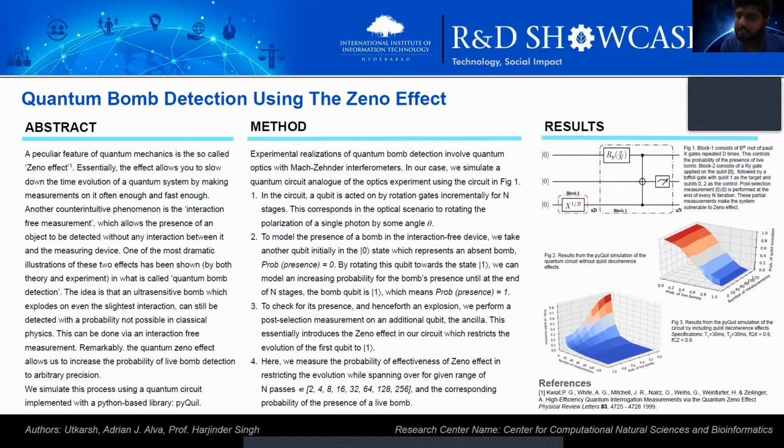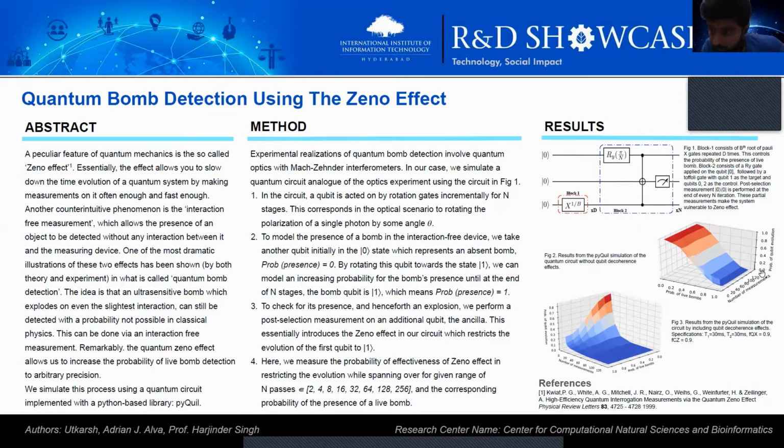This is somewhat counterintuitive, but we have tried to show you some results. Here we have calculated the probability of qubit evolution and the probability of a live bomb being there, which is tuned by this x raised to the power 1 by b gate.